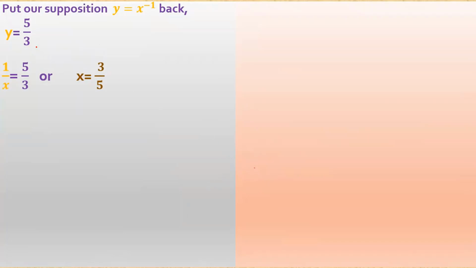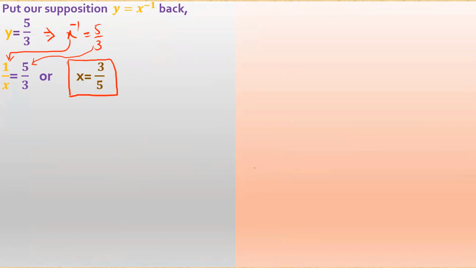First we write like this, x raised to the power minus 1 instead of y, then 5 over 3, then it will become 1 over x, 5 over 3 as it is, okay? Then after cross multiplication, we can find the second final answer. This is 3 over 5.